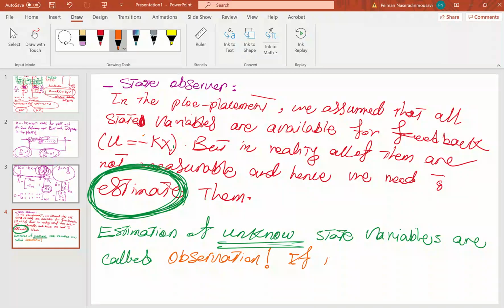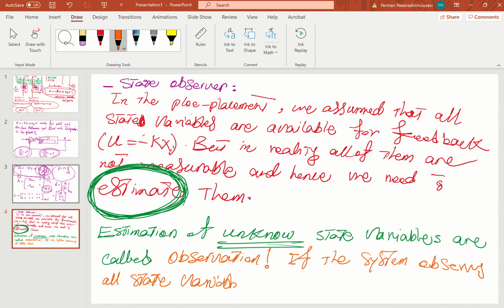If the system observes all state variables, it is called a full order observer.